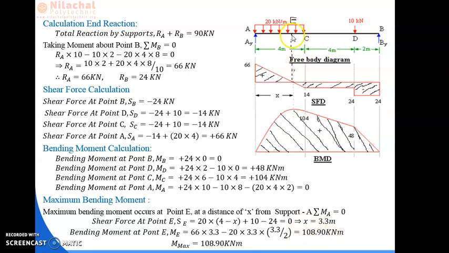So bending moment will be maximum at this point. Now bending moment ME is equal to 66 into 3.3 minus 20 into 3.3 into 3.3 by 2, so that is 108.90 kilonewton meter. In this way we get the maximum bending moment as 108.90 kilonewton meter, and also the shear force diagram and bending moment diagram for the simply supported beam.